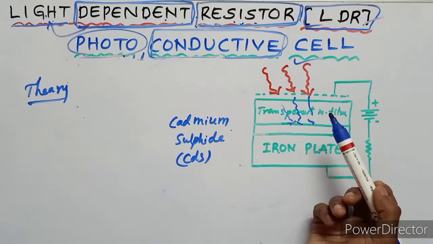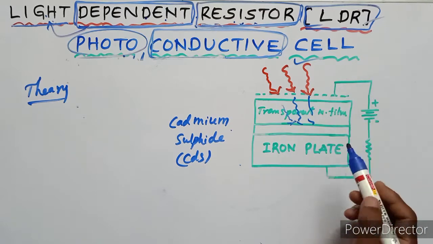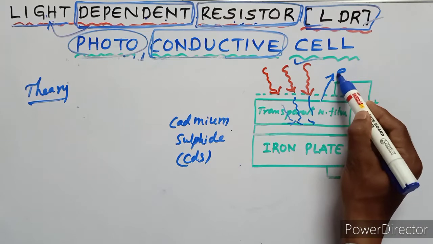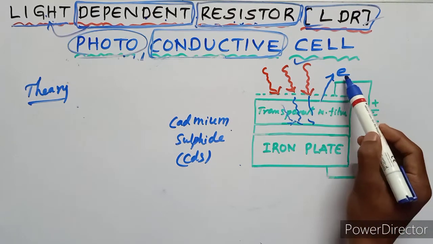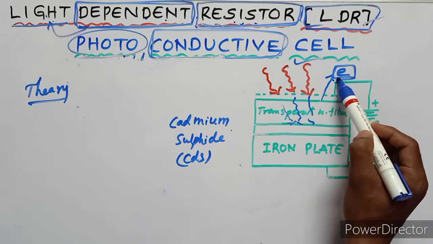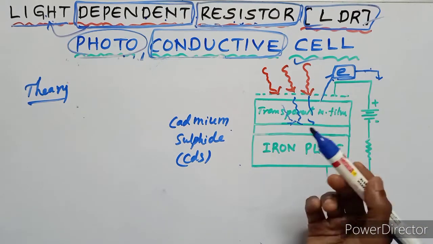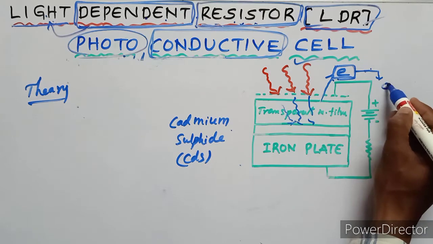That is the photoelectric effect. For each emitted electron, for example one electron emitted, one hole is created.